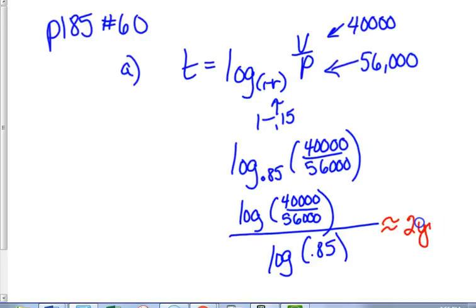Okay. Part B on that question says if the truck's present value is $34,000 and it's been depreciating at 10%, how much time has passed? Time would be log, okay, if it's depreciating at 10%, the rate down here would be 1 minus 0.10 or 0.90 or 0.9.